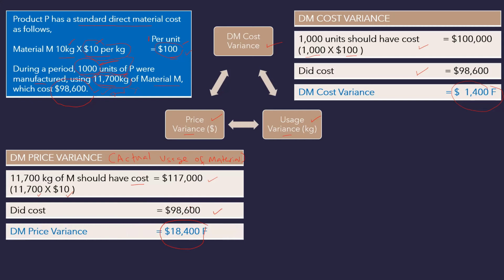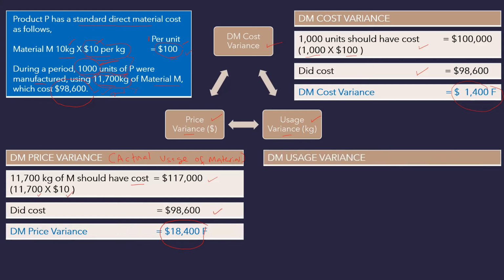Now let's move on to the usage variance. Here the usage variance means we have to compare the standard usage and the actual usage, times the standard rate.